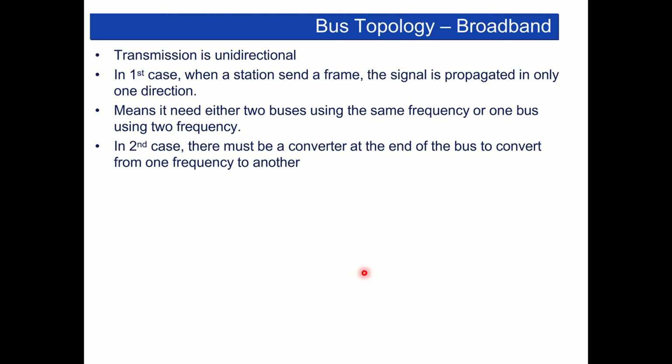If we are using broadband, as we know, broadband is for analog signals, so the transmission is unidirectional. In the first case, when a station sends a frame, the signal is propagated in only one direction.